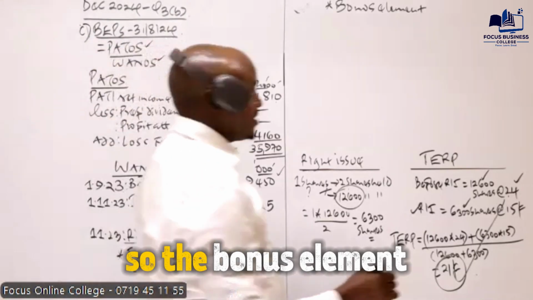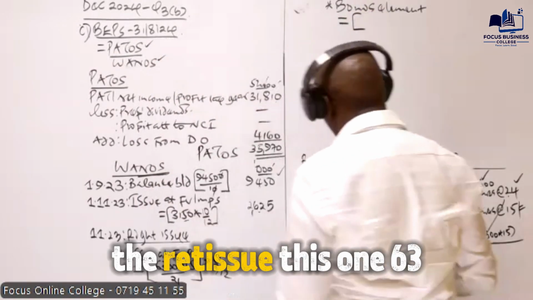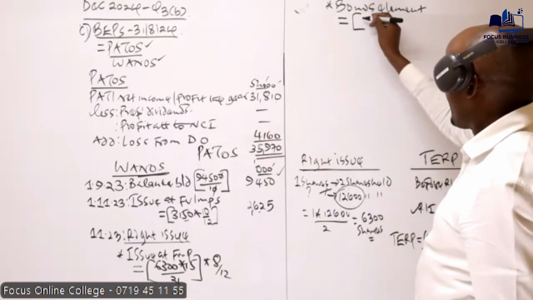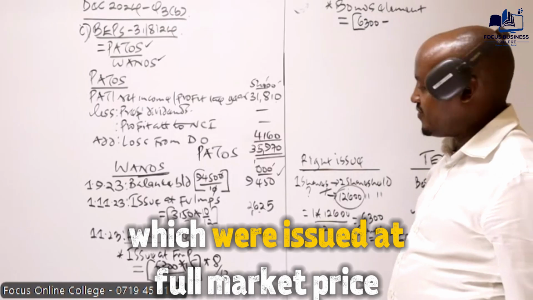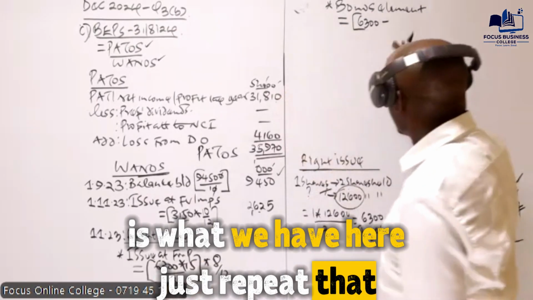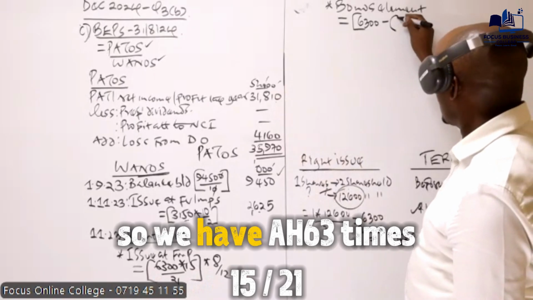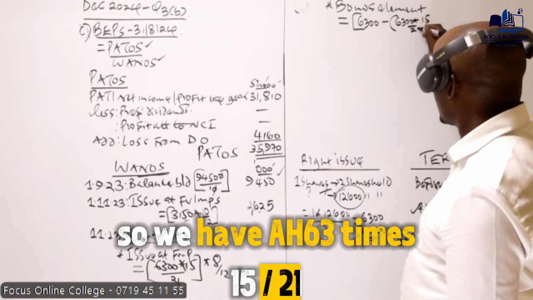So the bonus element is equal to the total shares issued during the rights issue, 63, minus the shares issued at full market price. The shares issued at full market price are what we have here: 63 times 15 divided by 21.